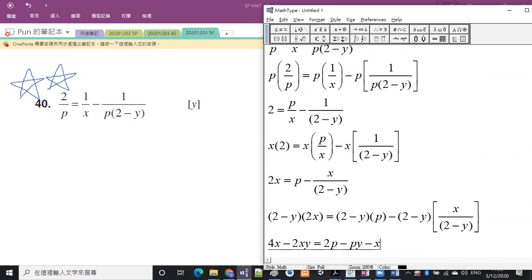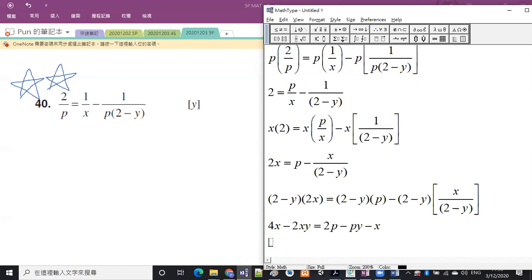Okay, and now just going back to the question, I want to make the subject y. So I need to get all the y terms to one side and get all the non-y terms to the other side. Okay, so I want the y term to the left this time.